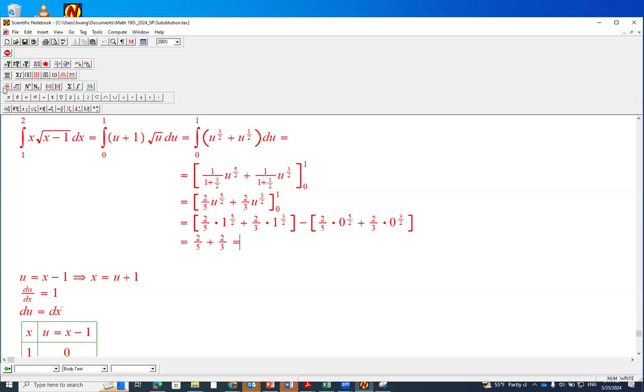Find common denominator, and then we shall get 15. The top is 6 plus 10, so 16. Finished.